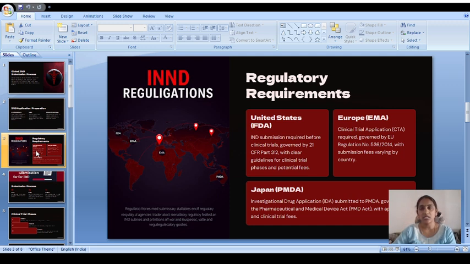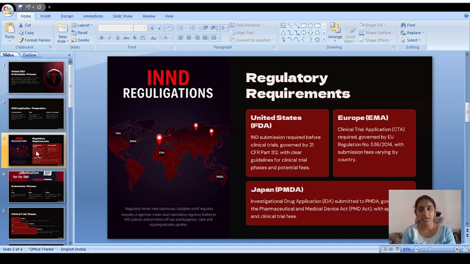In the United States, we follow the FDA regulations. IND submission is required before clinical trials, governed by 21 CFR Part 312, with clear guidelines for clinical trial phases and potential fees. In Europe, a clinical trial application is required, governed by EU Regulation 536/2014, with submission fees varying by country.